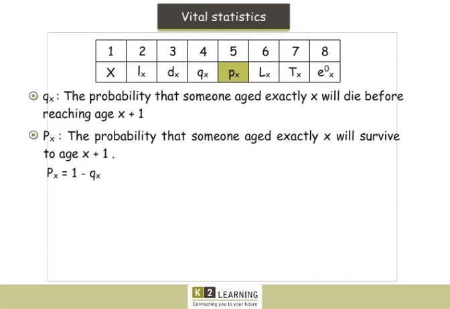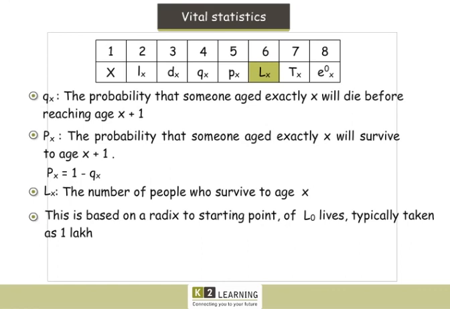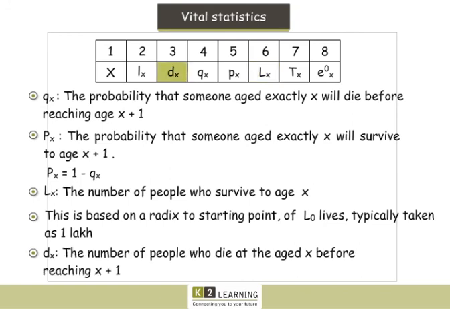Px is equal to 1 minus Qx. Lx: the number of people who survive to age X. Note that this is based on a radix or starting point of L0 lives, typically taken as 1 lakh. Dx: the number of people who die at the age X before reaching X plus 1.